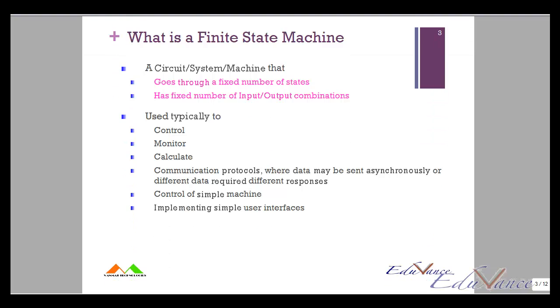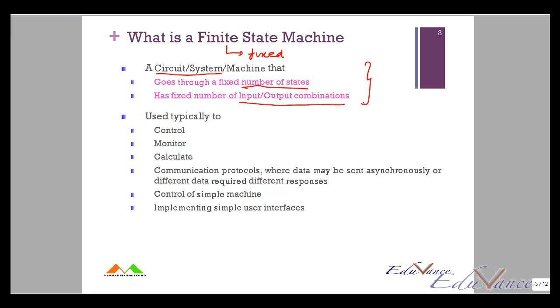So what is a finite state machine? As the name suggests, it's a kind of a machine, a circuit or a system that goes through a finite or a fixed number of states. It has a fixed number of input-output combinations.